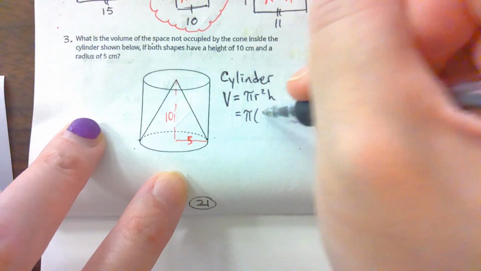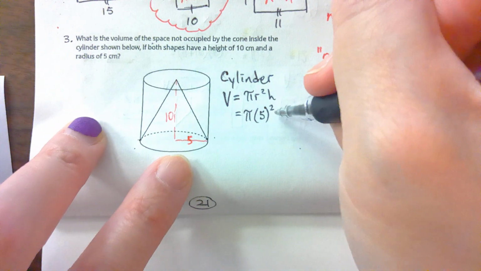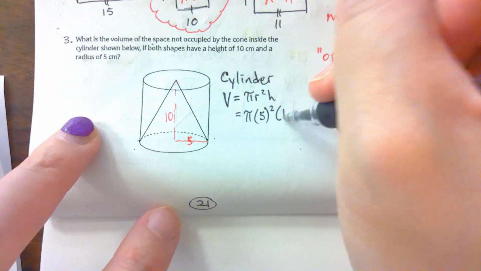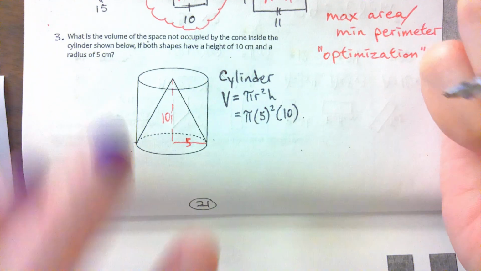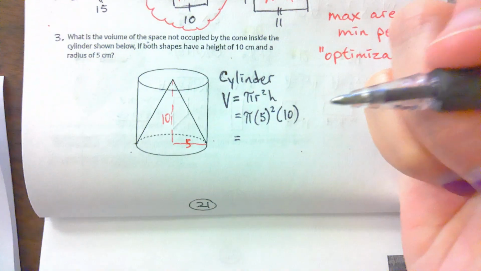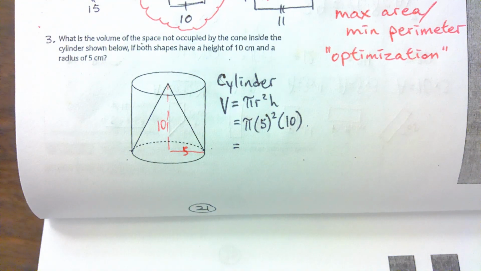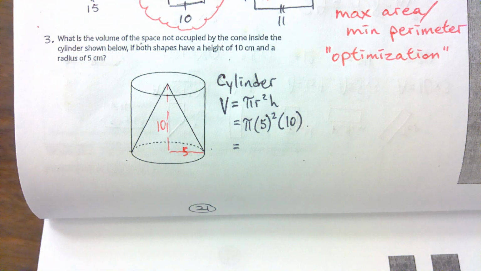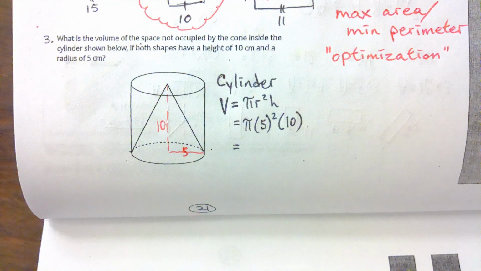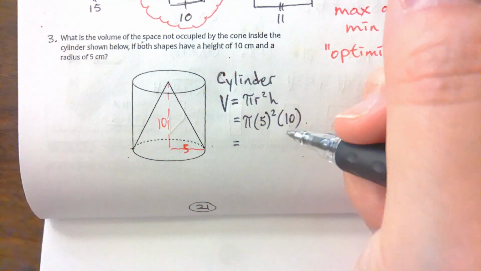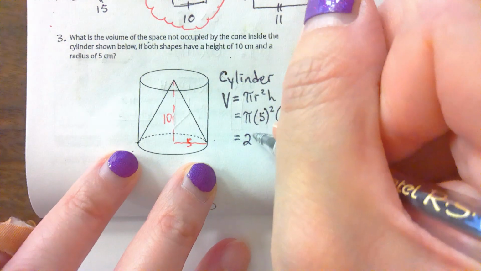Pi, 5 squared, height. Right? So when we calculate that, we get 25 times 10, 250. So 250 pi.